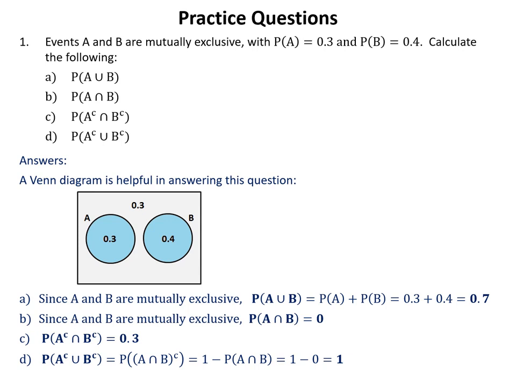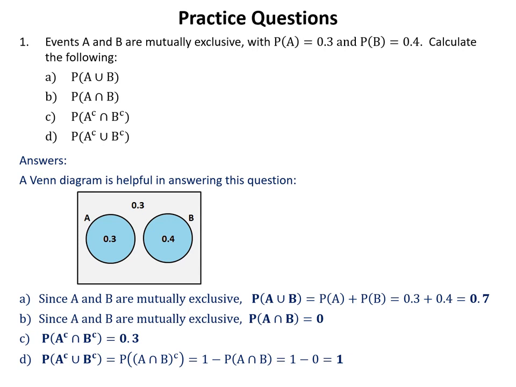And finally, for part D, here we have a union, which doesn't work as easily. So this is not just a simple matter of looking for one of the distinct regions in the Venn diagram. We have A complement union B complement.